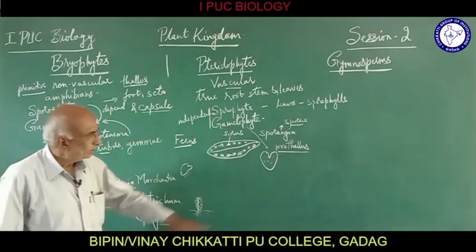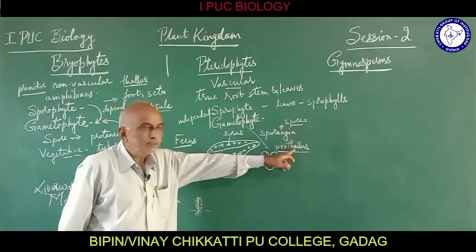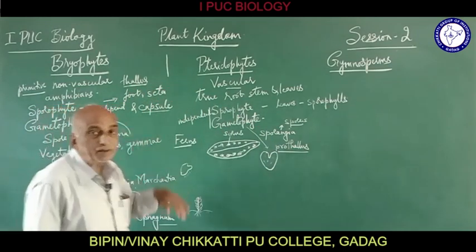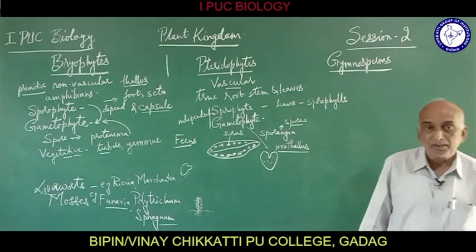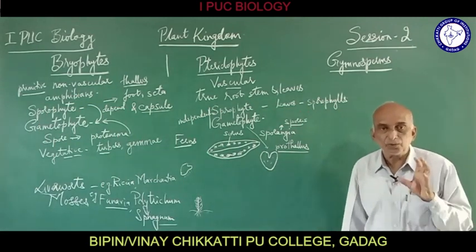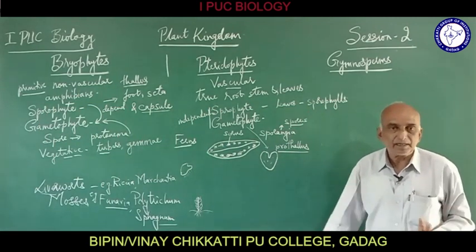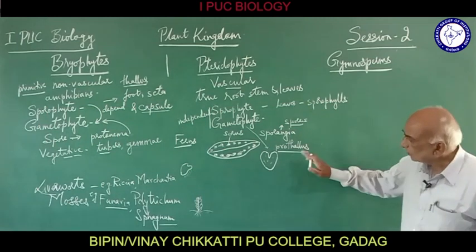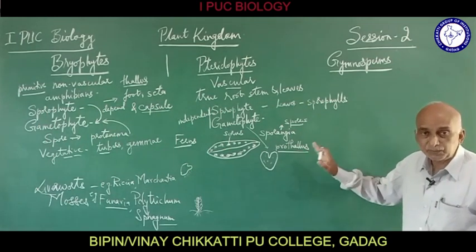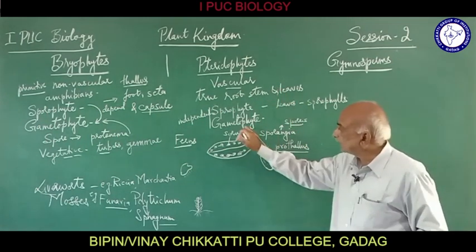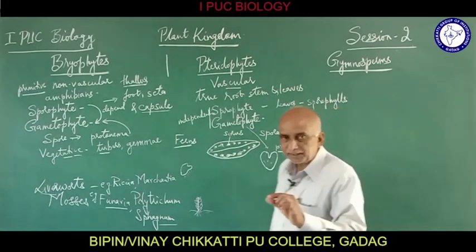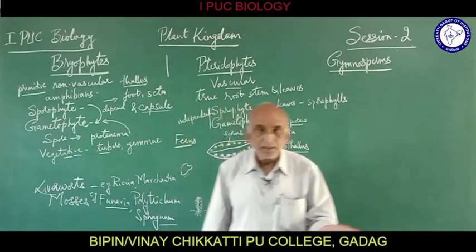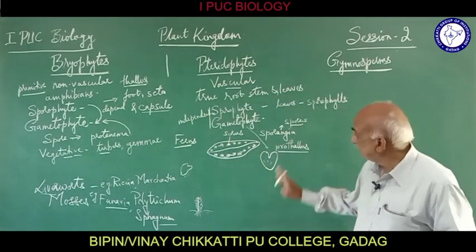So remember, don't get confused with the thallus of the algae and the bryophyte. Thallus means the plant body which is not differentiated into root, stem and leaves, in algae and bryophytes. The word Prothallus is used only for the gametophyte of the pteridophytes. Of course, the sporophyte gives rise to the gametophyte, but the gametophyte is independent.